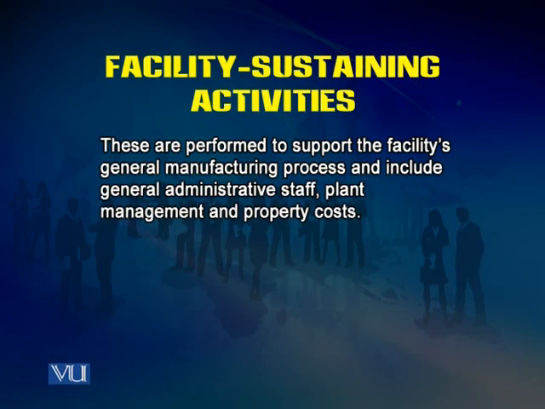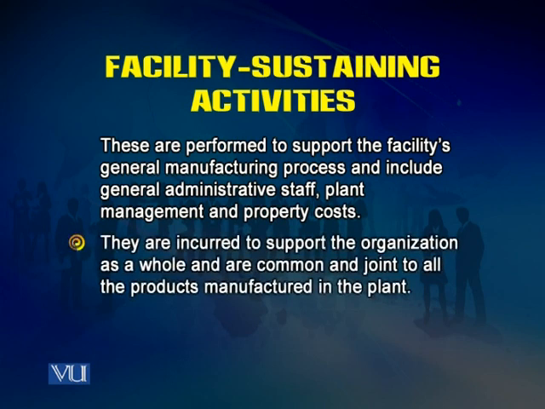The last hierarchy that we will discuss is the facility sustaining activity. These are performed to support the facility's general manufacturing process and include general administrative, plant management, and property costs. They are incurred to support the organization as a whole and are common and joint to all products manufactured in the plant. The next level in the hierarchy is the facility sustaining activity.